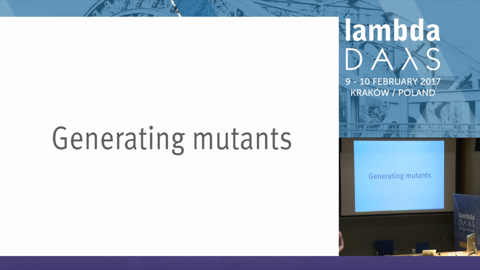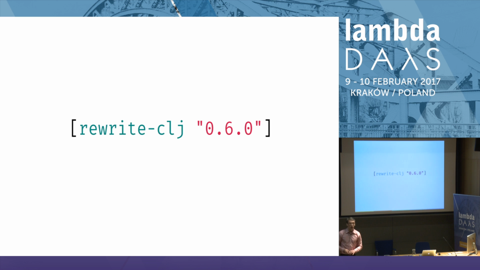Firstly, we have to generate mutants. Clojure, a homoiconic language, comes with excellent tooling for manipulating its source code. A library which I found very useful is rewrite-clj. Does anybody know rewrite-clj? Does anybody know lein-ancient? A bit more hands.